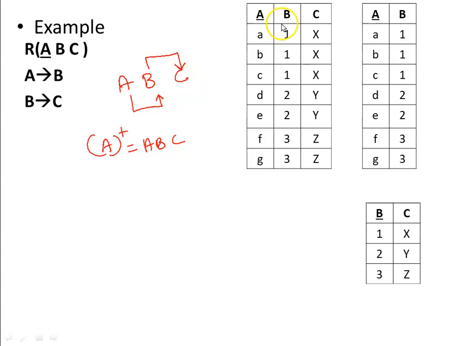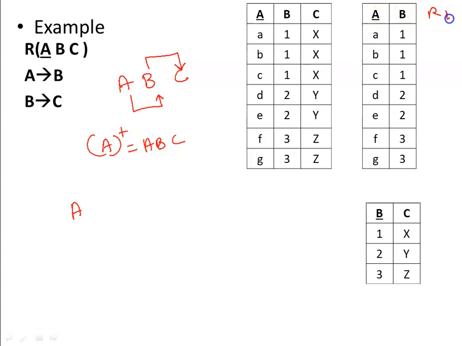So we have a look at the table. These are the tuples. We have all unique values in the column A and some repeated values in B and C. So this was the original table with this information. When we eliminate the transitive dependency, we have a new relation wherein we'll have A and B in one relation.